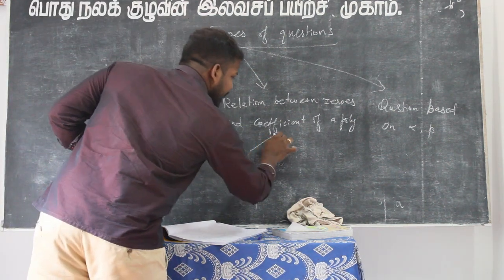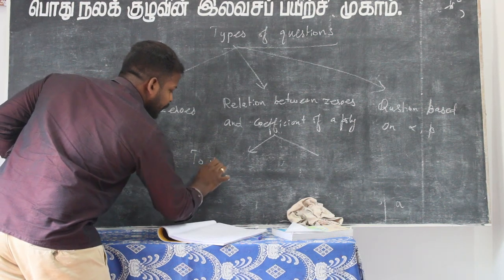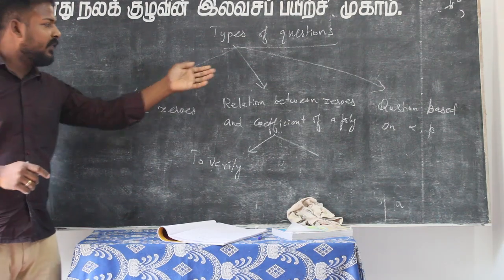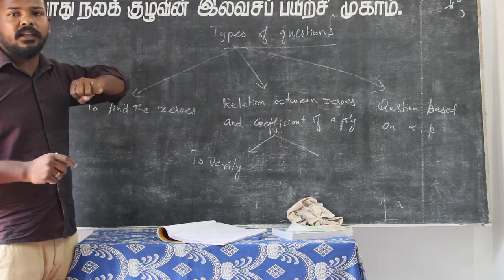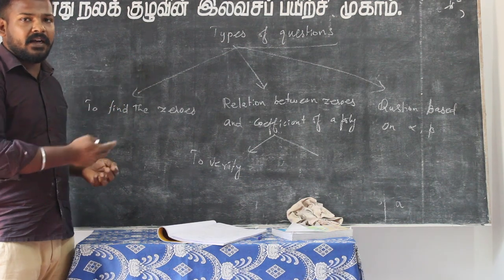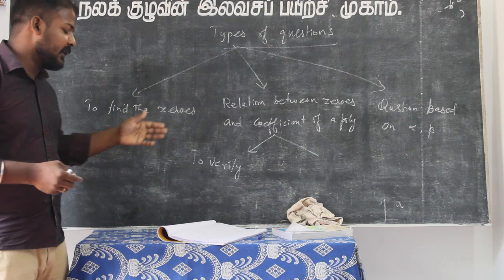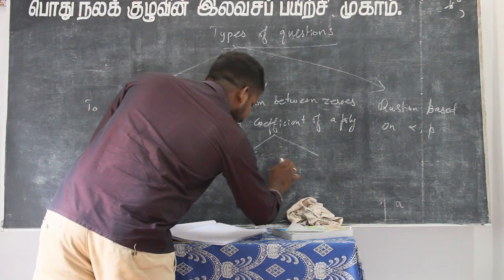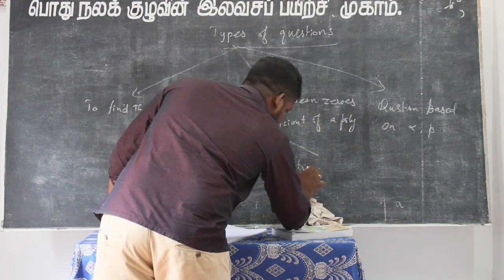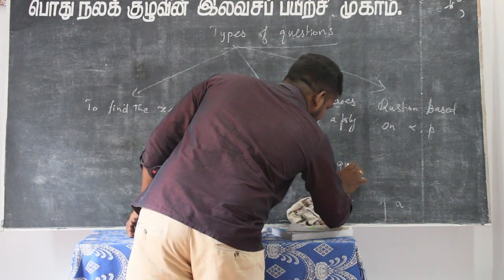First one, the direct question to verify the relation between zeros and coefficients. They will give any quadratic polynomial to verify whether this is correct or not. That is the direct question they may ask. This is one method. Then another one, constructing a quadratic polynomial.